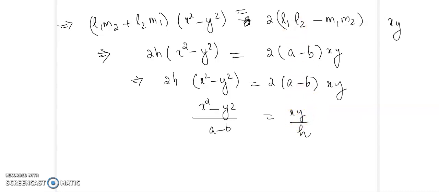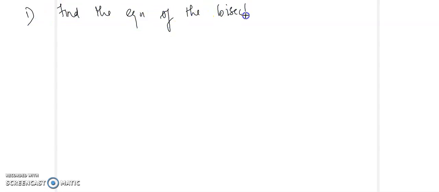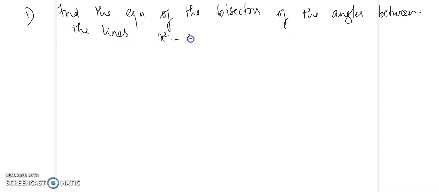So let us see an example also. Find the equation of the bisectors of the angles between the lines x square minus 4xy minus y square equal to 0.